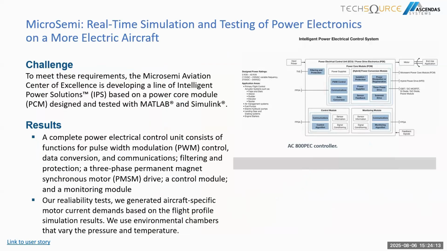In this case, they are able to complete a power electrical control unit, which consists of PWM control, data conversion, communications with the external devices, and running a permanent magnet synchronous motor, PMSM system. So these are just examples of how we are developing hardware in the loop systems to be connected to your controllers for testing purposes.